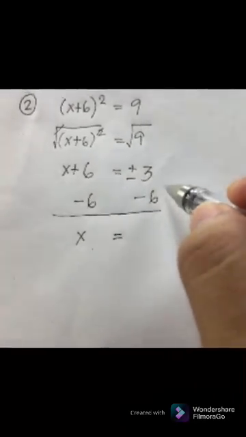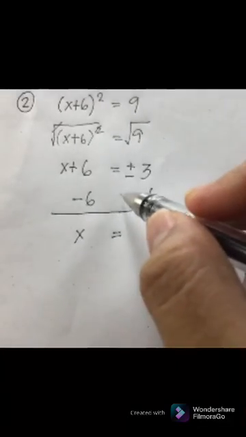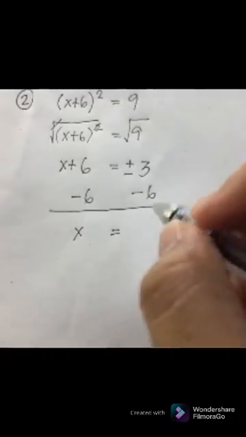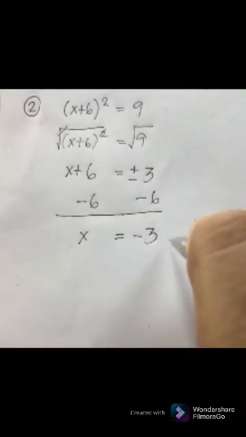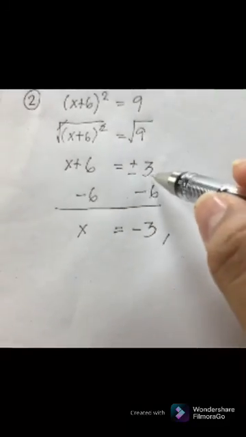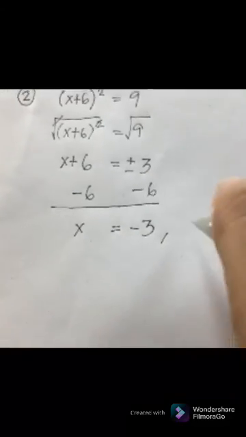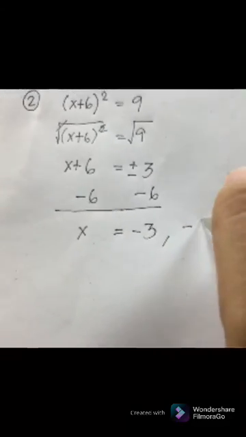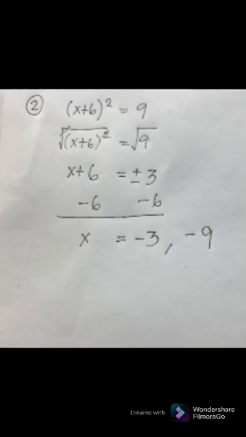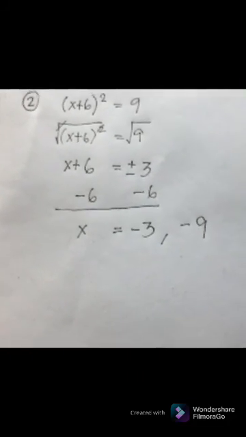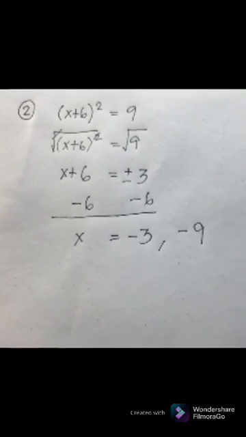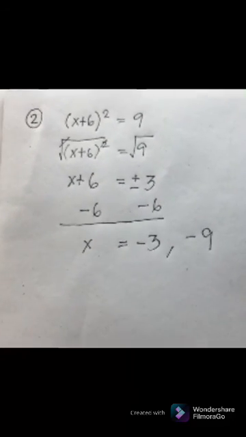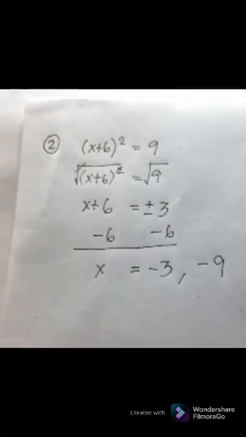If we have the positive 3 plus negative 6, that will be the value of x is negative 3. And if we have negative 3 plus negative 6, we have the value of x is negative 9. Okay, so now we have the value of x that will equate the equation that is negative 3 and negative 9.